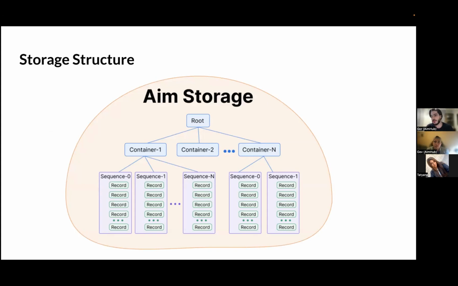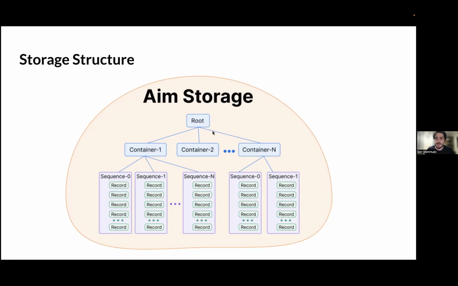You can imagine AIM storage as a superdict, where each run is a separate tree, like a big dictionary, which holds all the run's metadata, like hyperparameters, learning rate, batch size, dataset metadata, and sequences such as metrics, image sequences, and all the stuff that is tracked via AIM SDK.